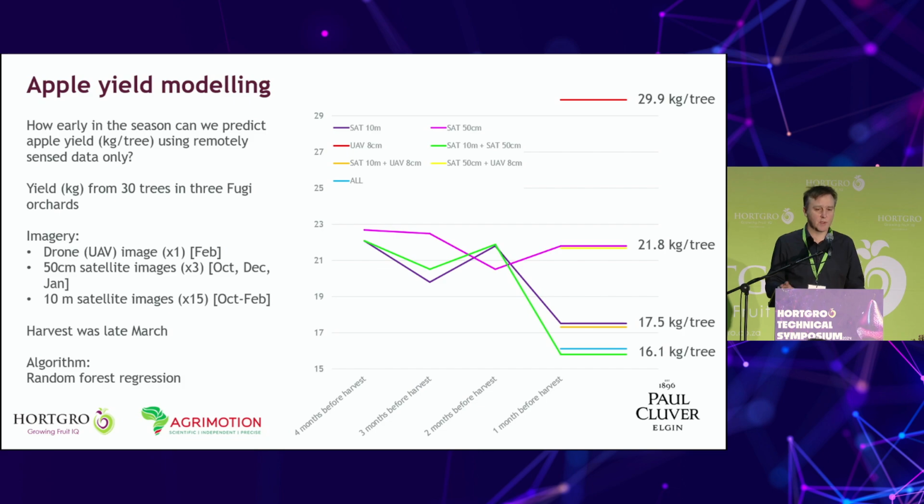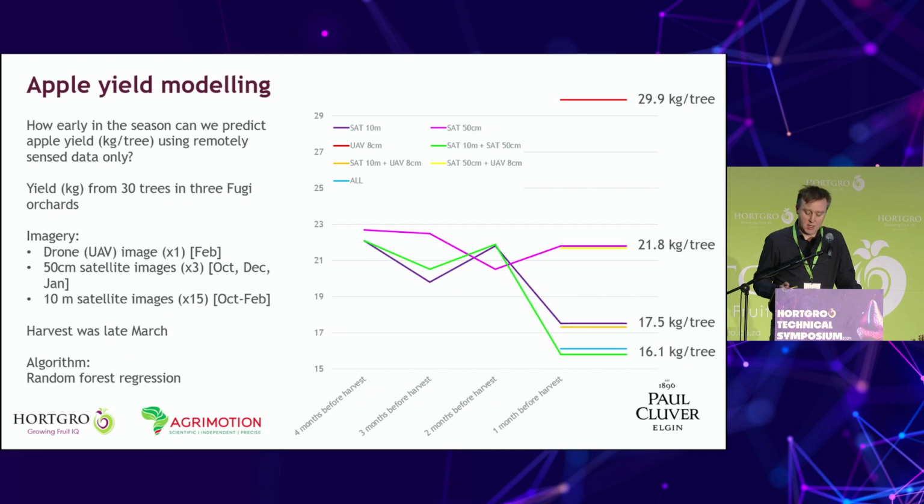So March was the harvest date. And we fed all of this into, well, it's only 30 trees, so we had a very small data set, but we fed that into a machine learning model and looked at what is the impact of time on the modeling of yield per tree.